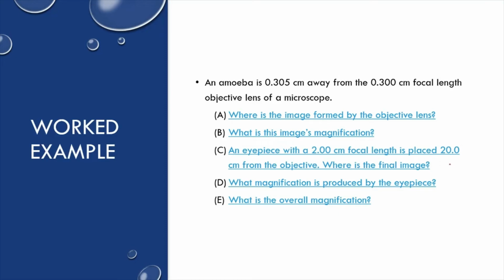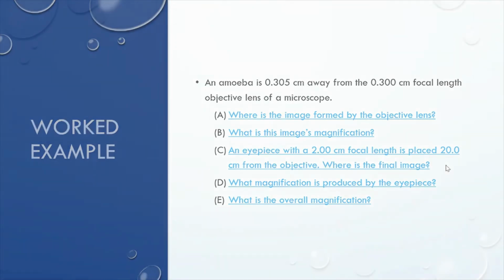Now, let's answer this question. From the problem, we know that FE, or focal length of eyepiece, equals 2 cm. The length of the microscope, or L, equals 20 cm. The equation to calculate the length of the microscope is length equals SIOB plus SOE.